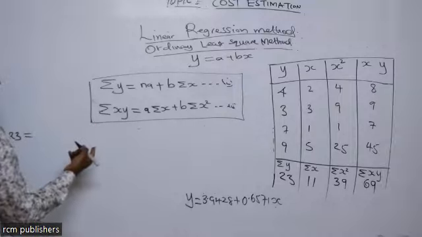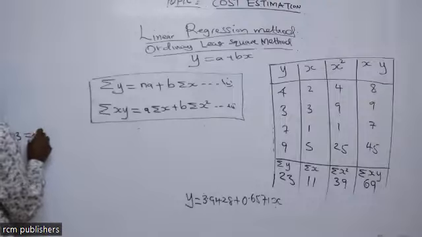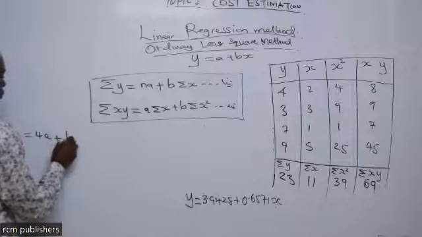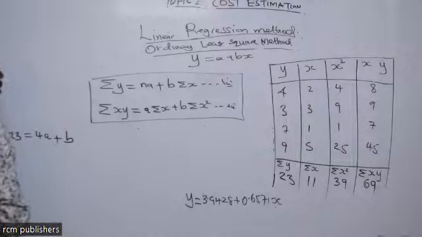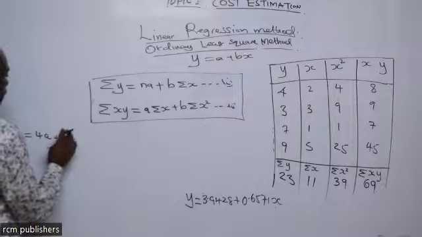Our n is 4, but A we do not have. So we have 4A plus B times summation of X, which is 11B.